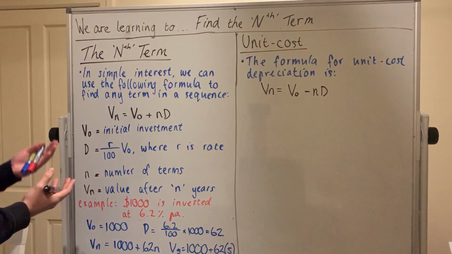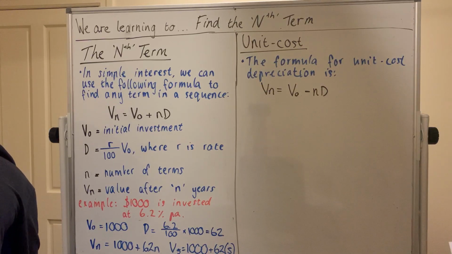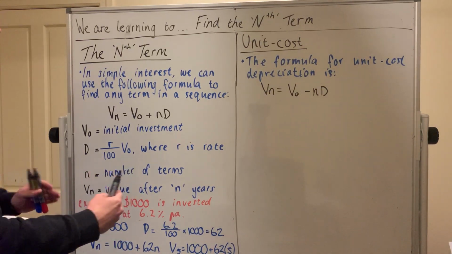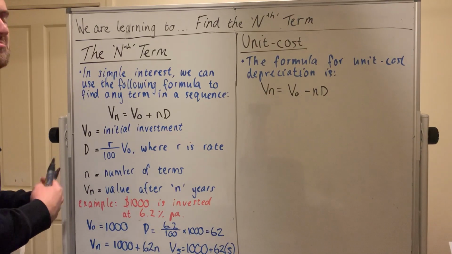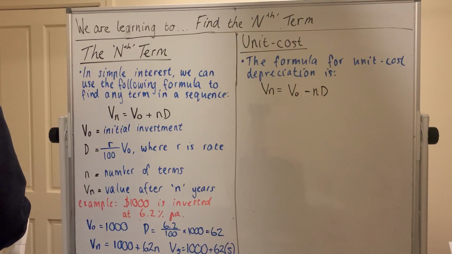It's the exact same really as simple interest. We're just subtracting, like with flat rate. We're going down, that's all it is. The only difference here is n isn't necessarily the number of terms. It will be how much that product is used, depending on the context of the question.